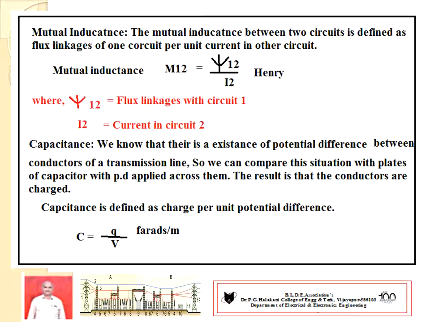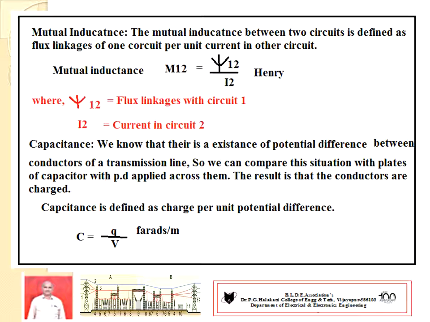Another important relation required is mutual inductance. It is already known, as per Faraday's laws of electromagnetic induction, that the rate of change of flux linkage due to its own current is known as self-induced EMF.